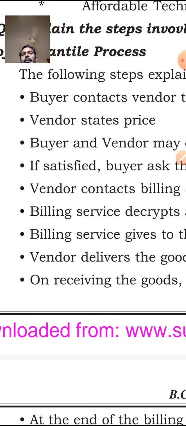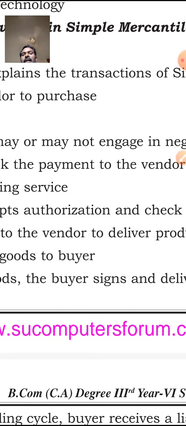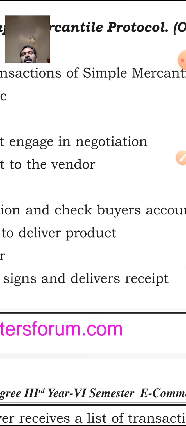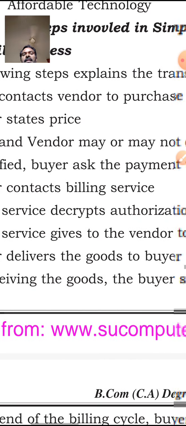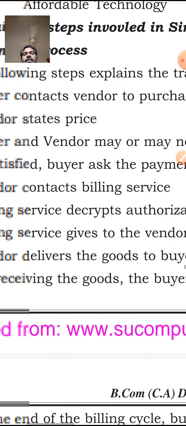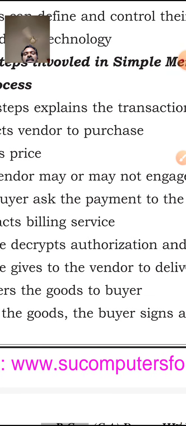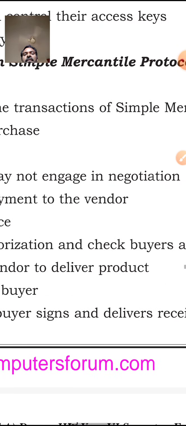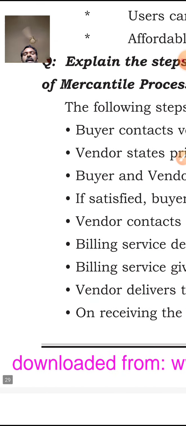The billing service decrypts the authentication, that means the authorization, and checks the buyer's account balance. When the buyer decides to purchase items from a particular business organization, the billing service decrypts the authorization and checks whether the buyer's account balance is there or not.